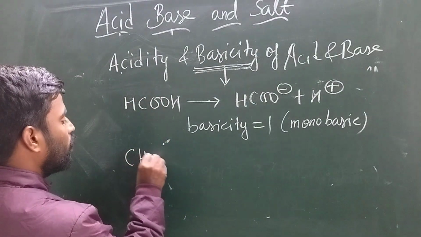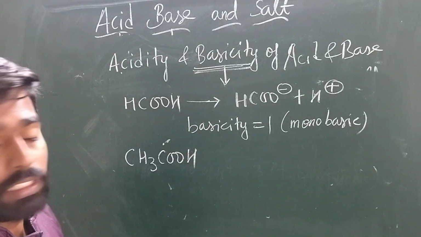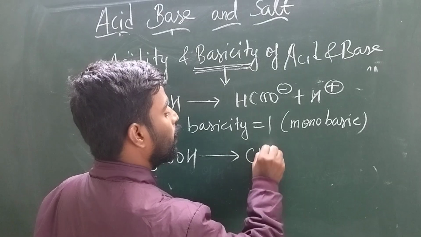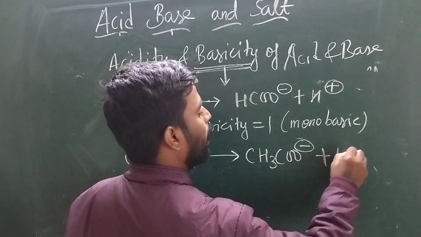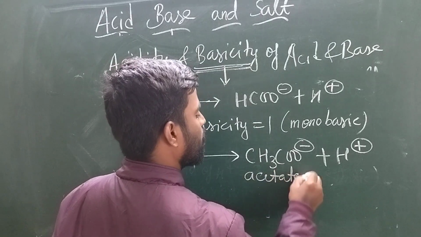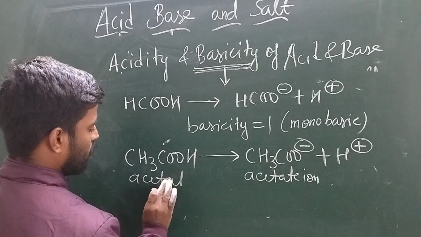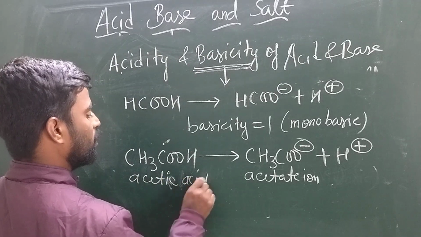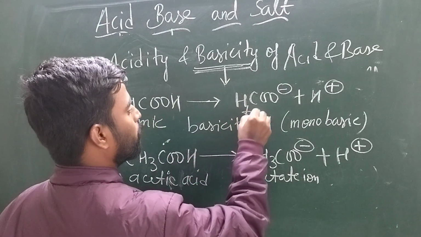Okay, now acetic acid. Acetic acid will ionize to give acetate ion and H plus. This is acetic acid, and this one is formic acid, which gives formate ion.